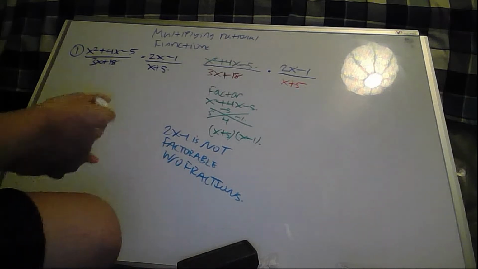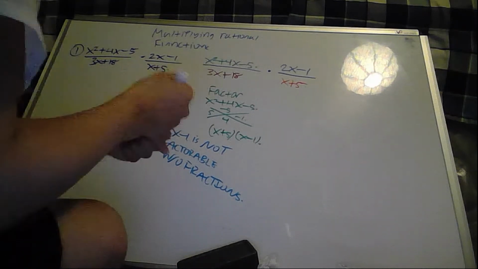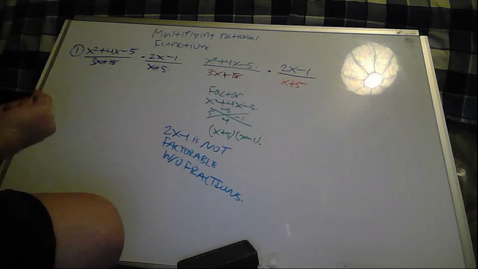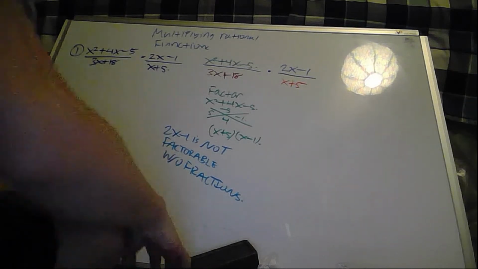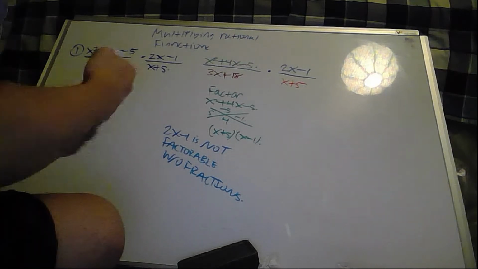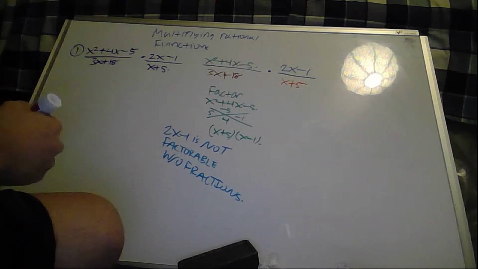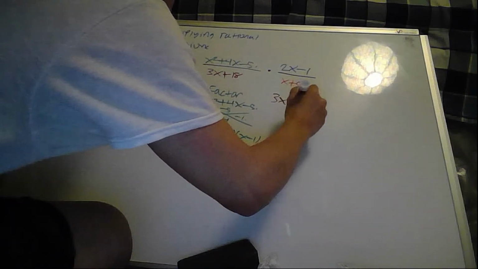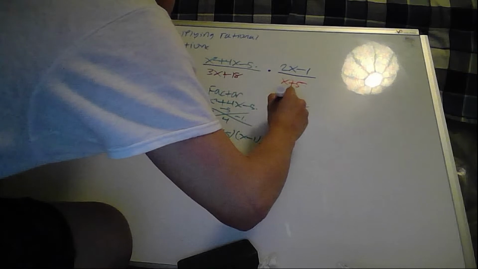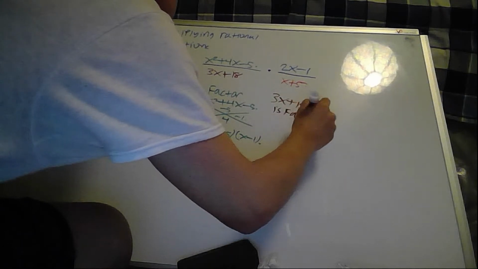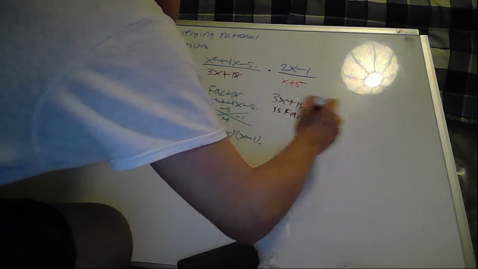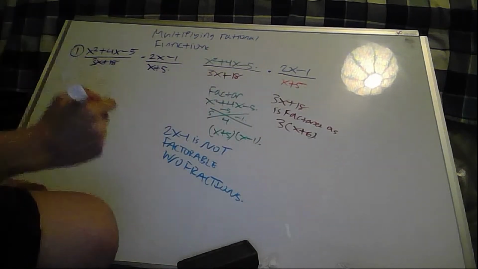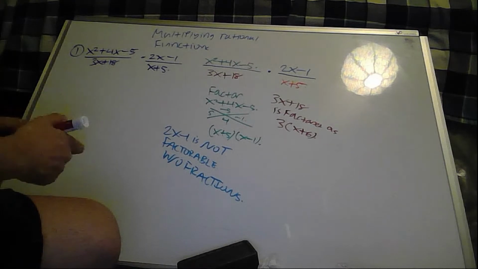3x plus 18. Now 3x plus 18 is different. What marker did I use? Did I use this one? Right? 3x plus 18 is factored as 3 times the quantity x plus 6.